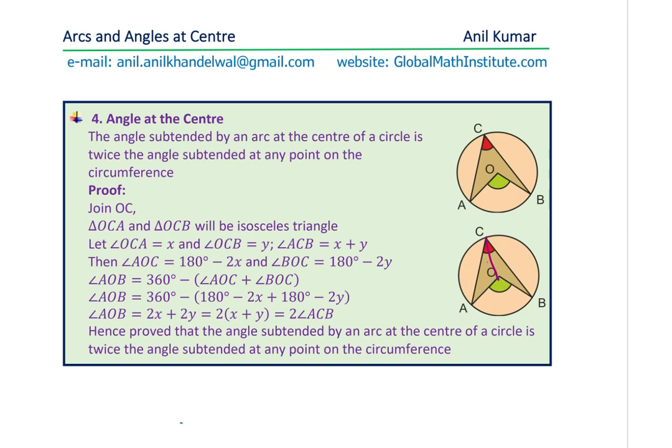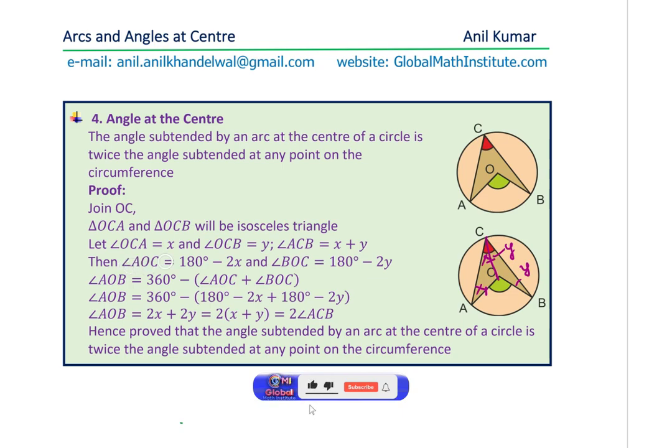Because we are talking about the radius, and therefore the angles will be the same. So let us say that this angle here is x, so that will be x. And on the other side, let's say this angle is y. So this angle will also be y, correct? So that is how you get your angles on both the sides as shown here.